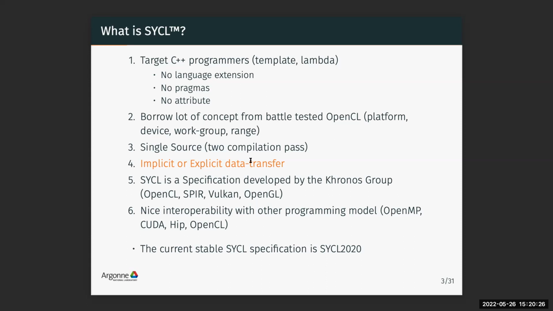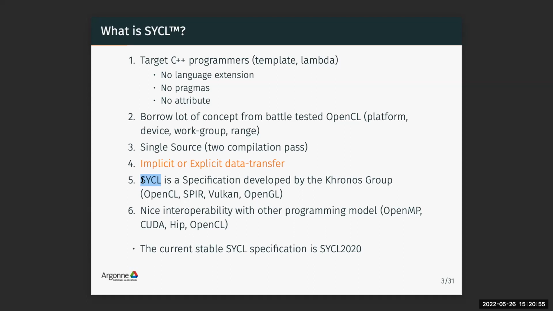And the thing I like is the choice of implicit or explicit data transfer. Explicit is, as usual, doing your memcpy, whereas implicit is where you use buffers, and we'll talk about that later. I like it. And as I said previously, Sycl is a specification by the Khronos Group. Khronos is the one doing OpenCL, SPIR-V, Vulkan, OpenGL, and it is public.